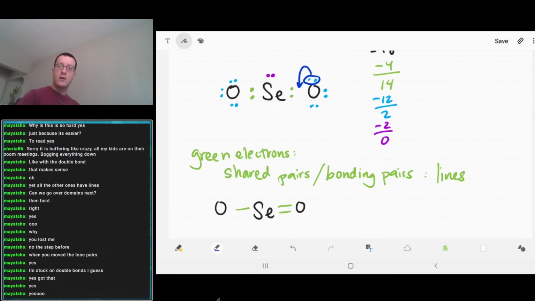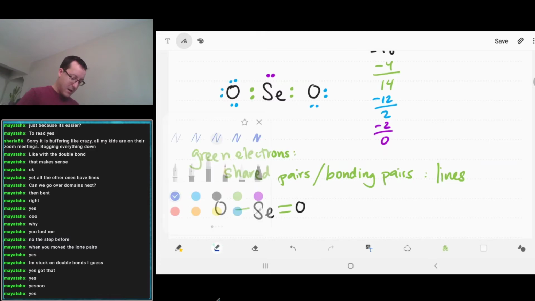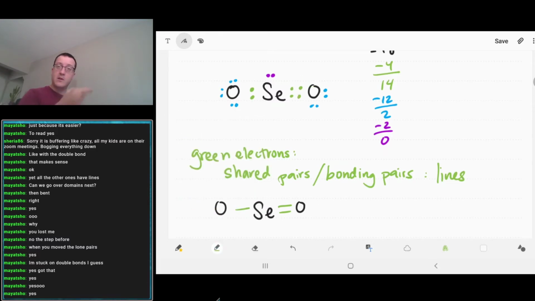Okay, I'm going to erase them and redraw them in the right spot. All I did was move those to make the double bond, so that now all of our atoms have 8 electrons.